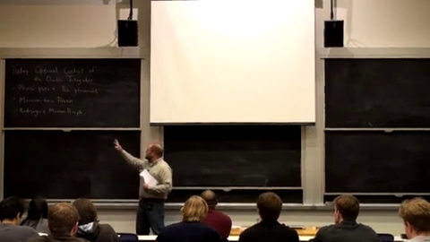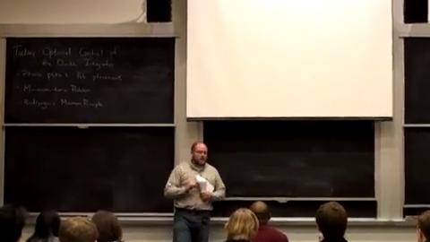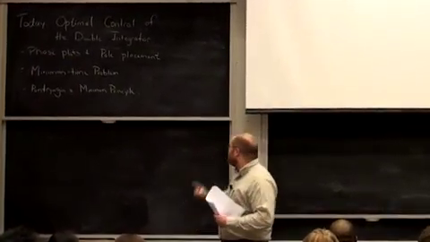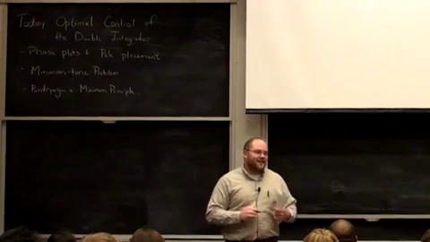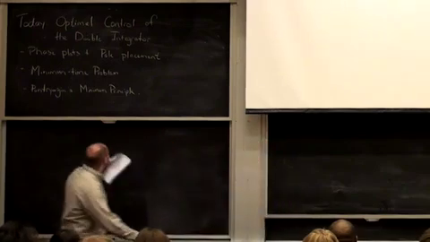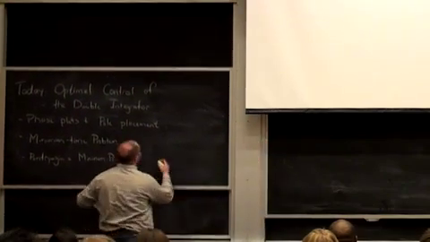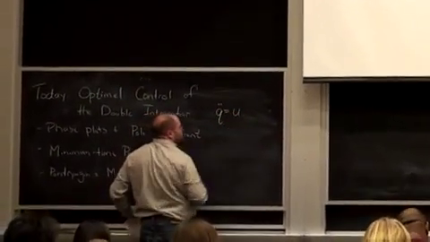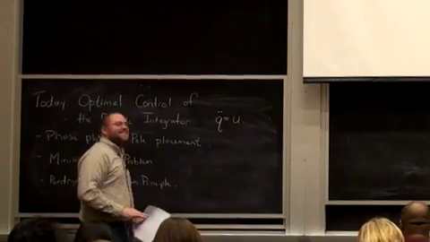Okay, so today we're gonna make good on that idea, but we're gonna do it on an even simpler system first, just today. We're gonna do it on the double integrator, which is q double dot equals u, okay? Because here I can do everything analytically on the board.